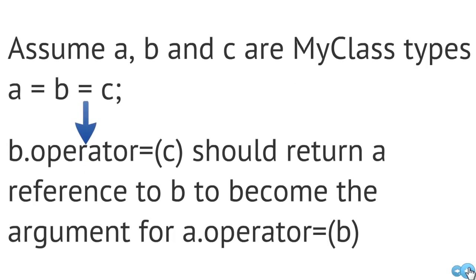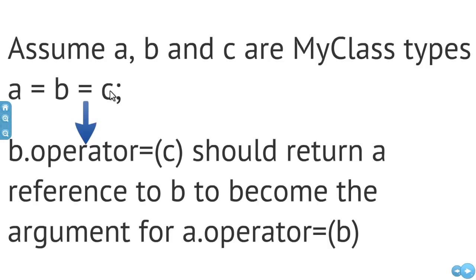So let's take a look at an example. Let's assume that we have A, B, and C, and they're my class types. And we were to do this particular operation here. So traditionally, we think of the assignment operator as being right to left associative as opposed to being left to right associative. So what that means is we would perform this particular operation here before we perform this operation here.